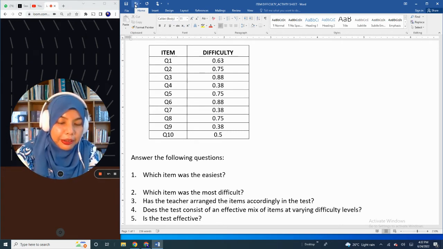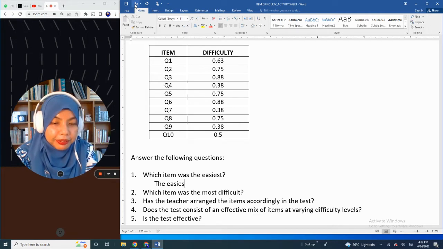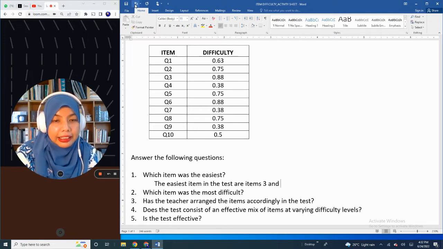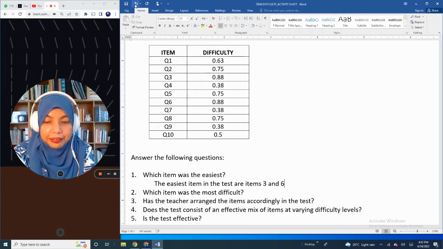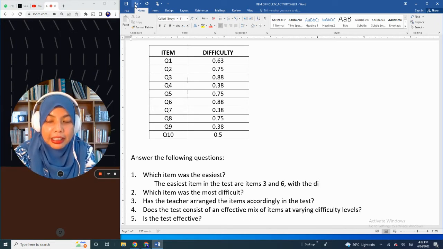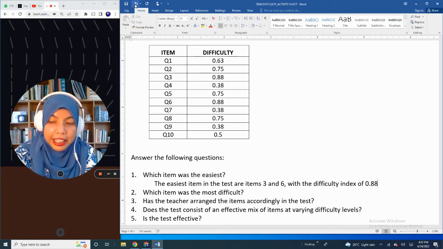So the easiest items in the test are items 3 and 6, with the difficulty index of 0.88.